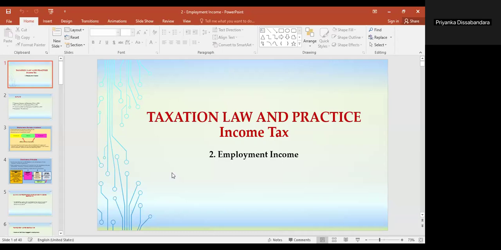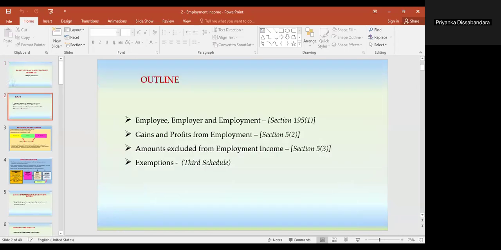This is the document set number 2, and it is for employment income. Can you see these new slides? Yes, we can see, ma'am. Good.